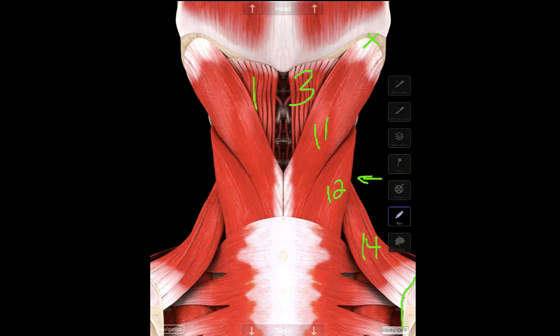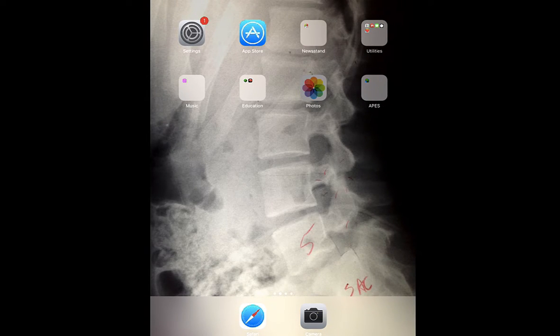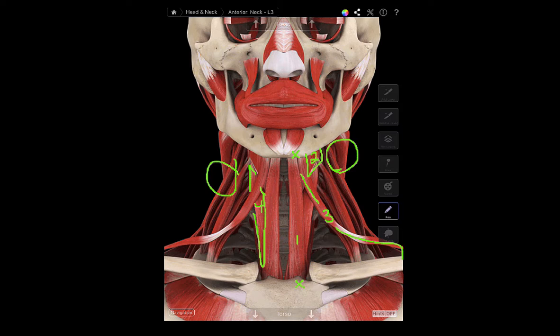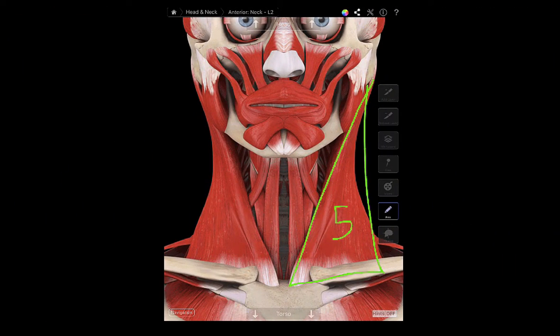So now let's go to the pictures, and I can just pause on each one of those. So here's 1, 2, 3, 4. Five.